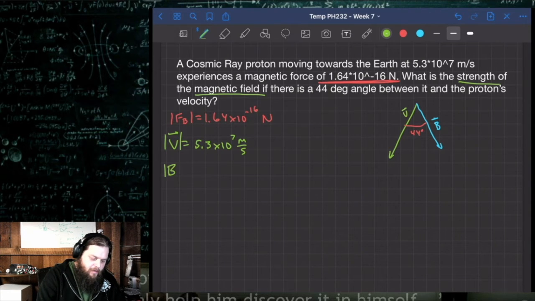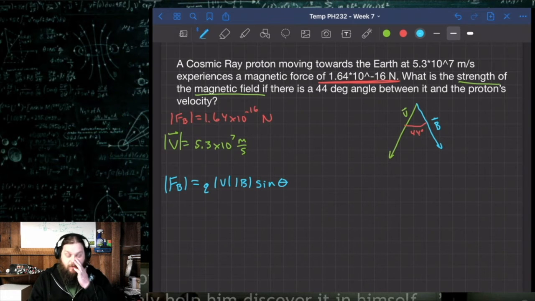We can determine that magnitude using the equation that we had for the force. So if I said that force is equal to Q V B sine of theta.